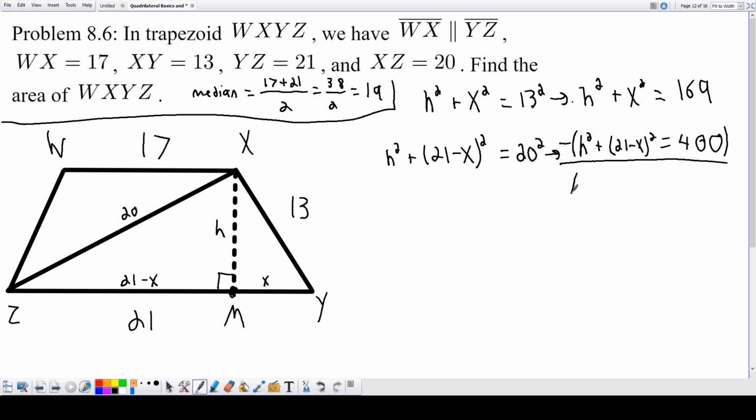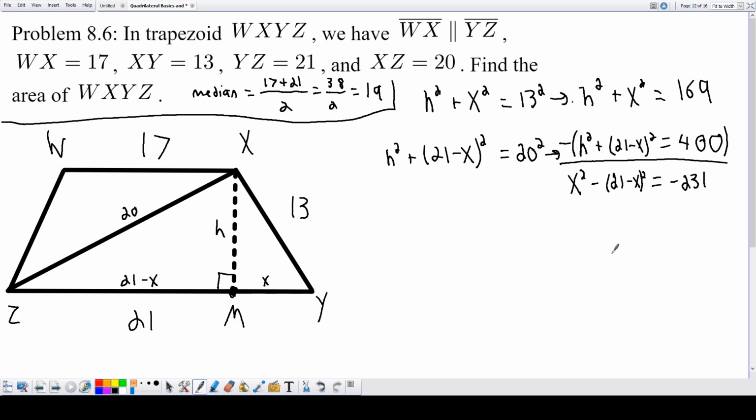Then we have (21 minus x) squared minus x squared equals 400 minus 169. So that would be 300 minus 69. And 300 minus 60 is 240. That means we have 231.